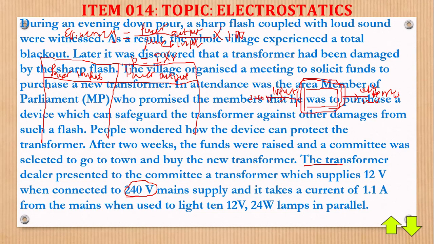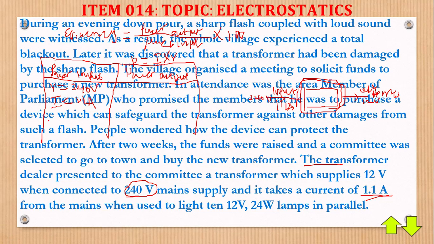So it means that in the input, the PD there is equal to 240 volts. Let's proceed. Main supply, and it takes current of 1.1 ampere. So the current I in the input is 1.1 ampere.